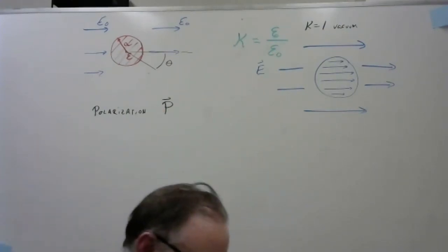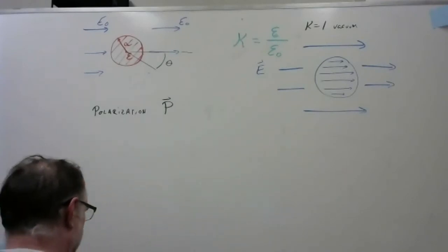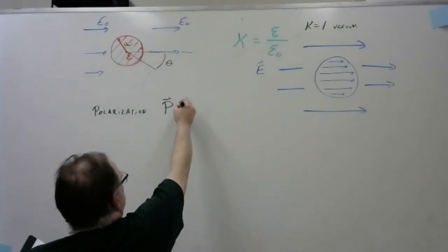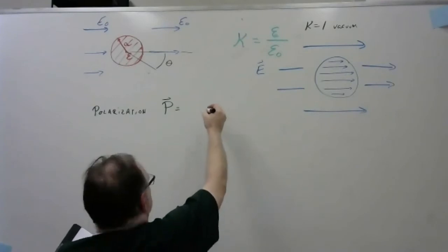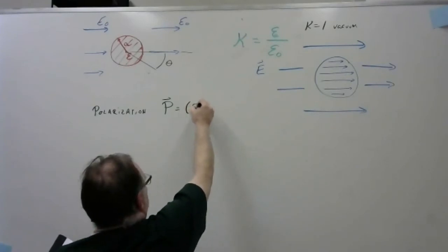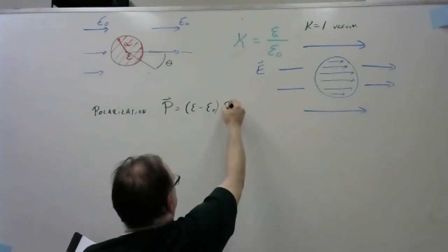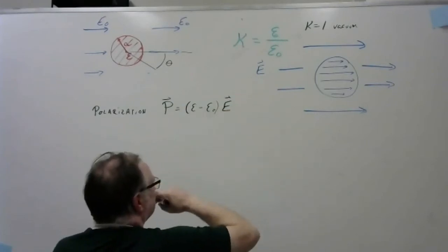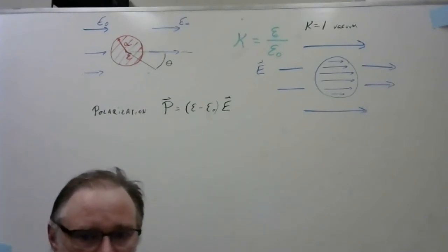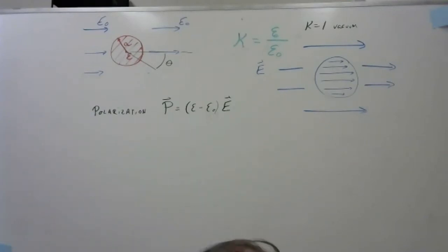Remember that the capital P vector is our susceptibility, epsilon minus epsilon naught, multiplied by the electric field, where the E is in whatever medium you're in.